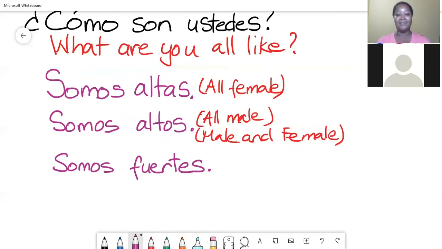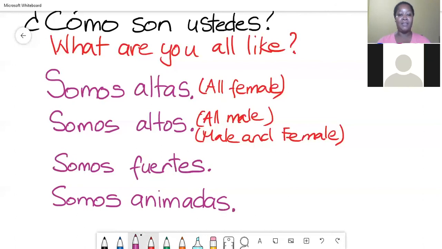Suppose we wanted to say, we are, let me find a nice one. We are animated or lively, and we're all females. It would be, we are somos animadas. And again, the animadas there would be for all female.